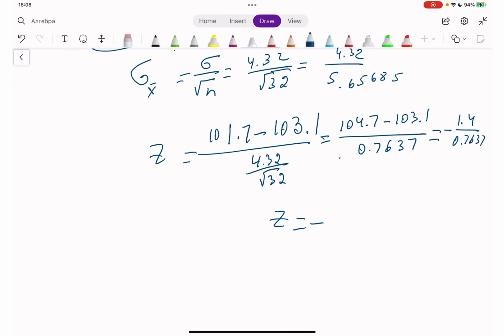Okay, it's equal to negative 1.833. I'm going to use the calculator because it's easier and faster, I don't want to waste time. So I'm typing negative z-score.